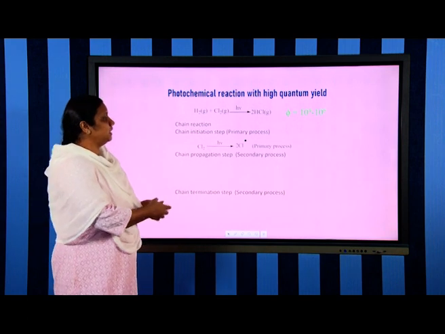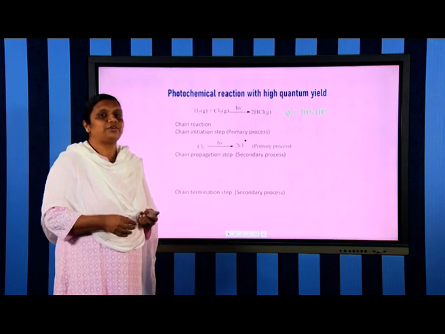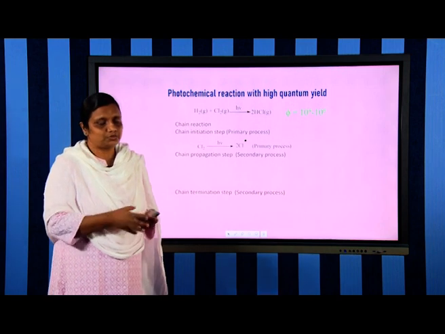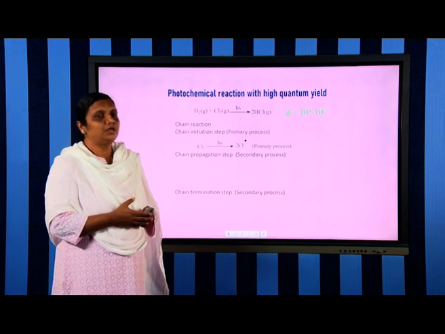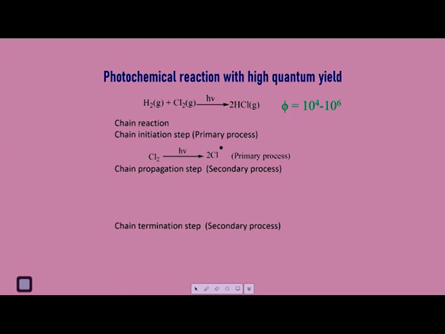Now, here chlorine gets excited and forms chlorine free radicals. The bond between the 2 chlorine atoms breaks homolytically, each electron moves on to a chlorine, and you get chlorine free radicals. Then the chain propagation step occurs, wherein the chlorine free radical reacts with hydrogen and forms HCl and a hydrogen free radical.